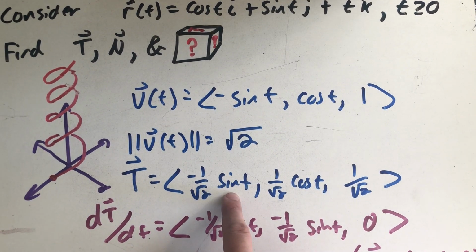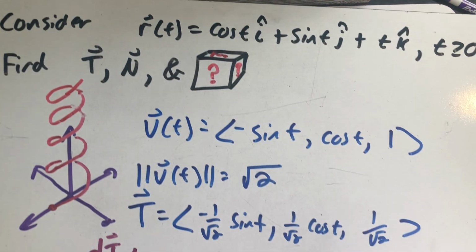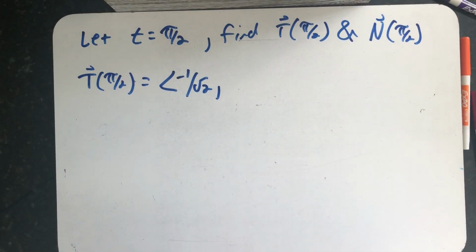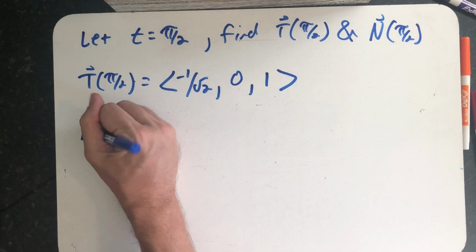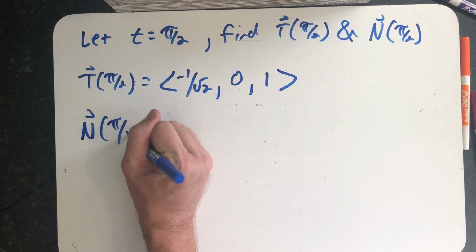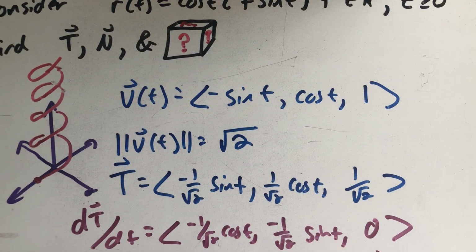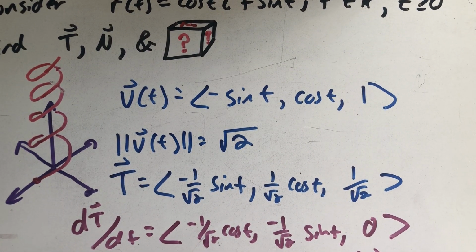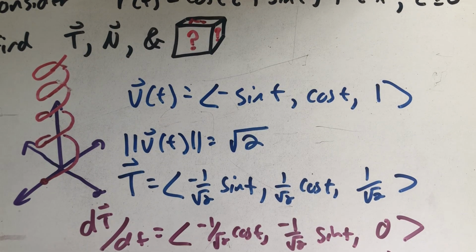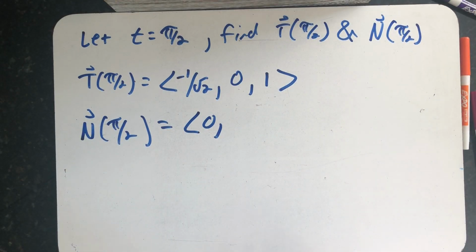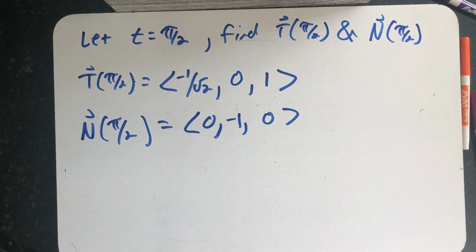Well, let's think about it. The sine of pi halves is 1. The cosine of pi halves is 0. And the z-coordinate here is always 1. Okay, and now big N at pi halves. Now I have cosine of pi halves. Well, that's 0. Comma. Minus sine of pi halves. That's going to be a minus 1, and that's going to be a 0.